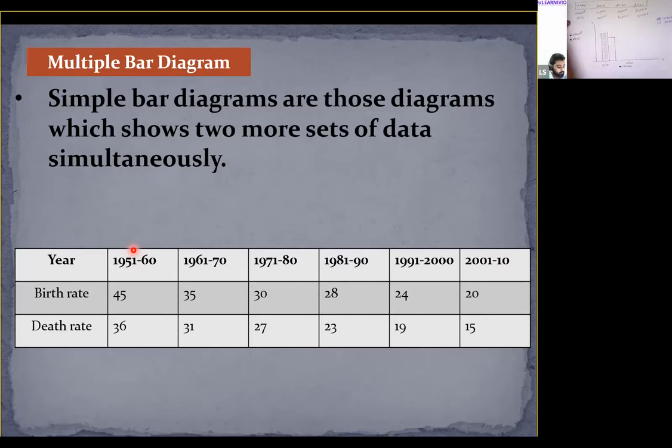This time the production of wheat is only 30,000, but production of rice is double the production of wheat. The shaded bar indicates production of wheat, and the blank bar indicates the production of rice.